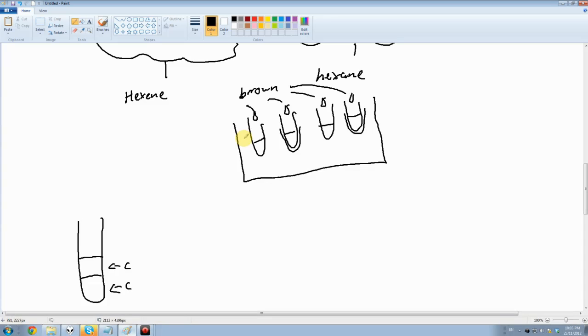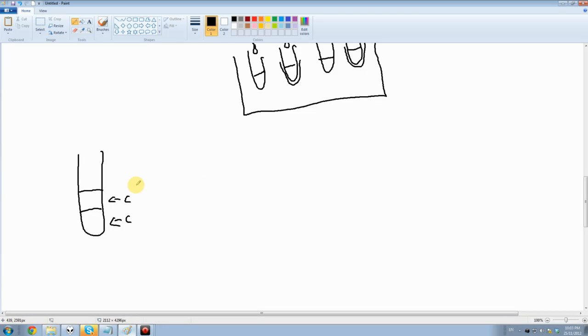It looks like dirty, muddy water or some sort of alcohol. So we'll write H.E for hexene, and H.A will be hexane. The hexene ones were clear on both layers.